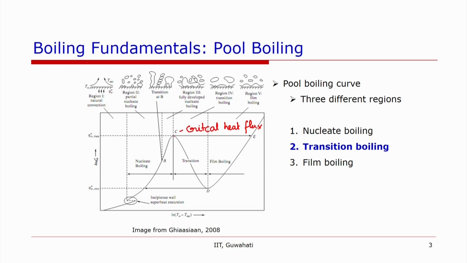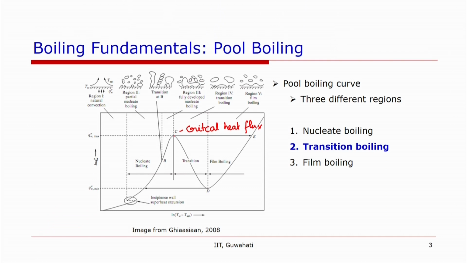So at this heat flux, the surface is intermittently covered by vapor. So most of the surface is covered by the vapor phase, and the conductivity of vapor is smaller than that of liquid, and so we have very little heat transfer when you compare with the nucleate boiling region.